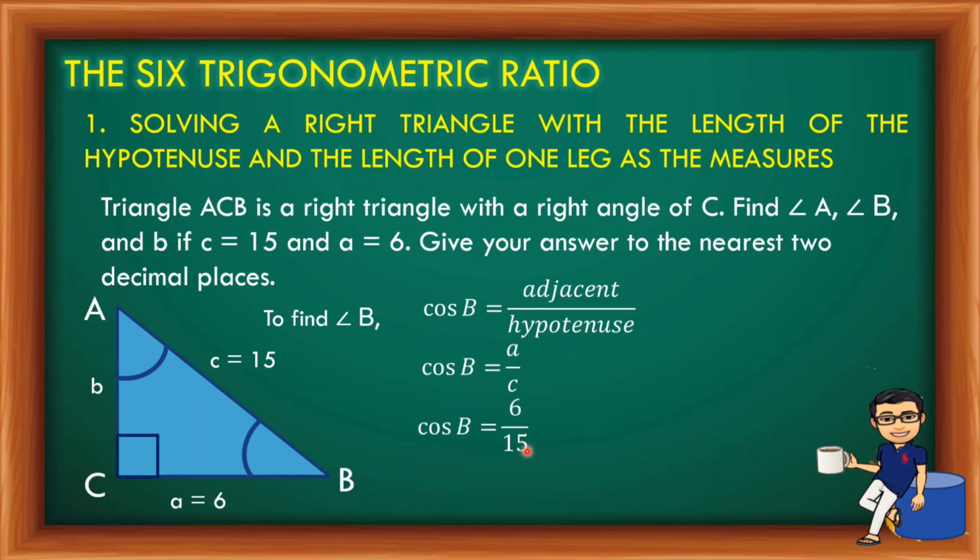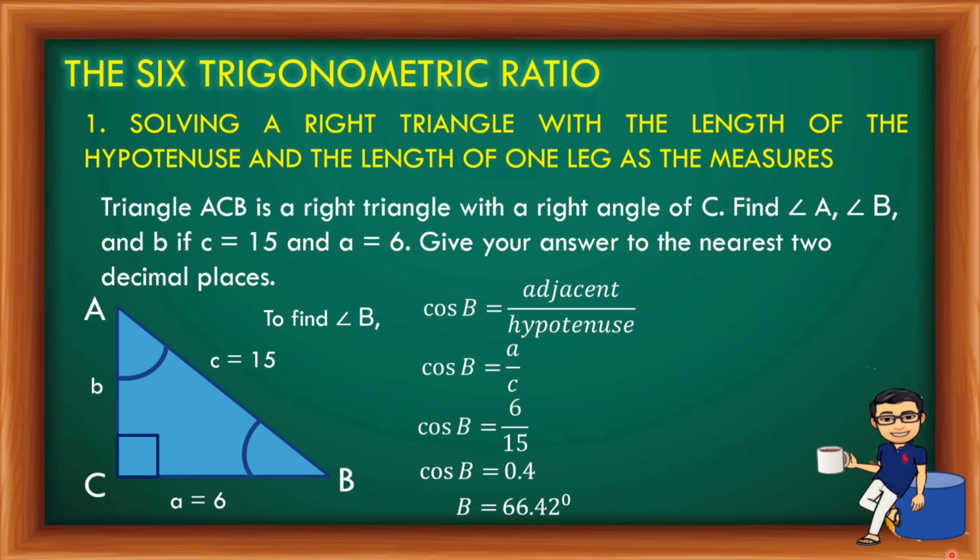Substitute na natin, a is 6 and c is 15. Pag dinivide, yun pa rin yung katulad kanina. Pero this time around, gamit ang scientific calculator, cosine inverse naman yung hanapin natin, which is equal to 66.42 degrees, rounded up again to the nearest 2 decimal places.